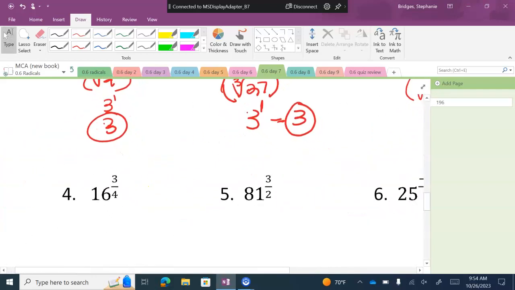All right. I want you to try 4 and 5. Remember, the bottom number is the root you take. The top number is the power that you raise it to after.